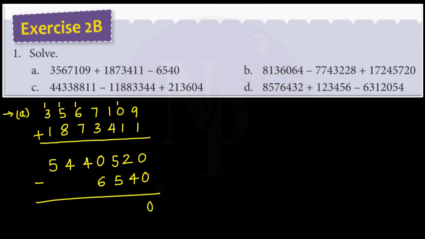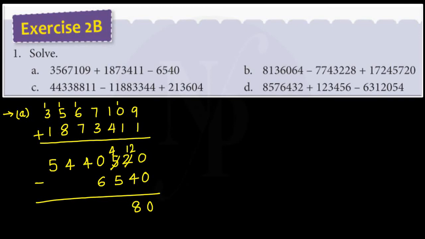Subtracting 4 from 2 is not possible. We have to regroup. So now this 5 hundreds is made as 4 hundreds, and this 2 now becomes 12 tens. Subtracting 4 tens from 12 tens, we get 8 tens.